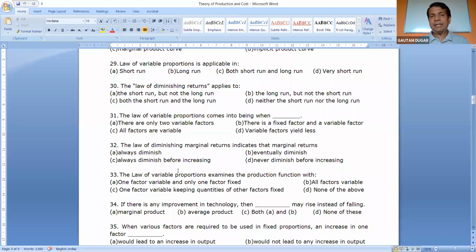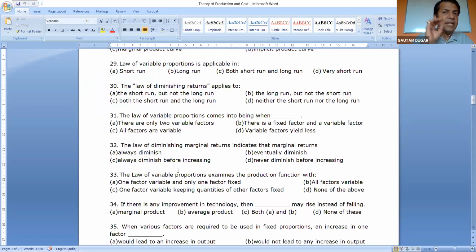The law basically states that when we go on increasing the quantity of a variable input on a given quantity of a fixed input, then the average product and the marginal product of the variable input must eventually decline.